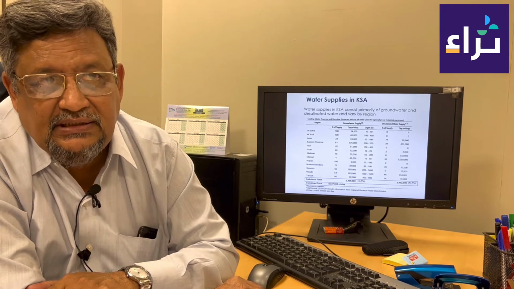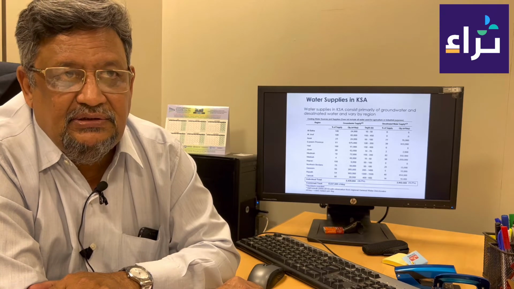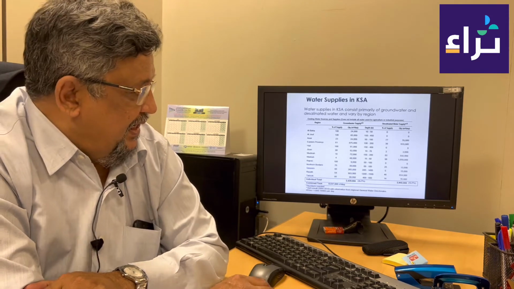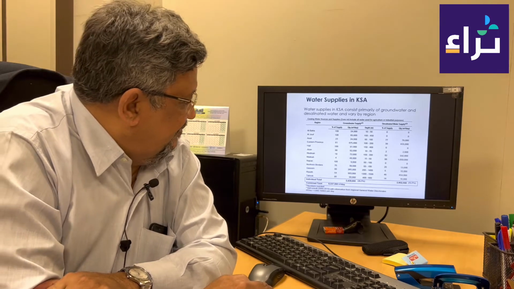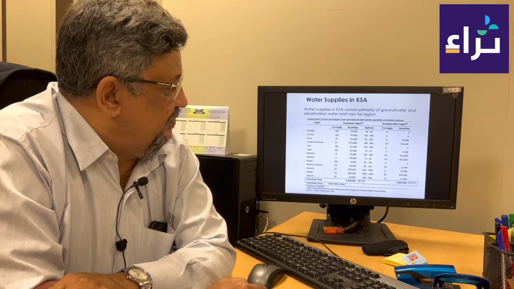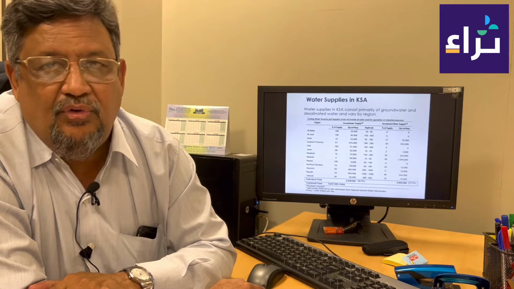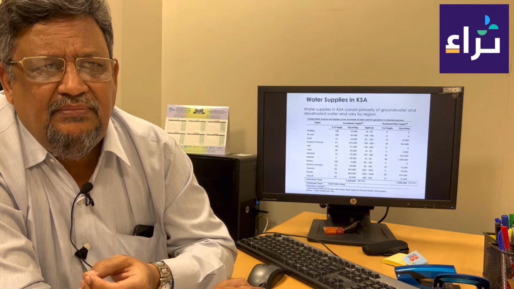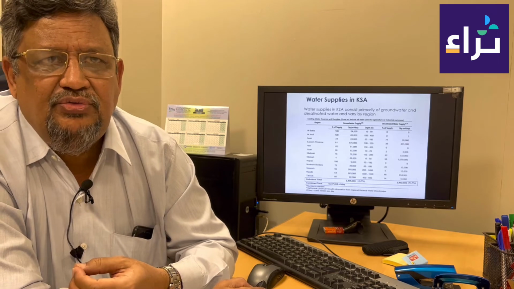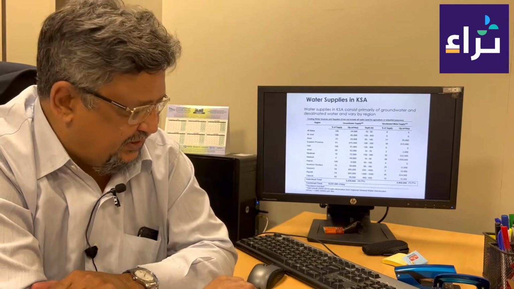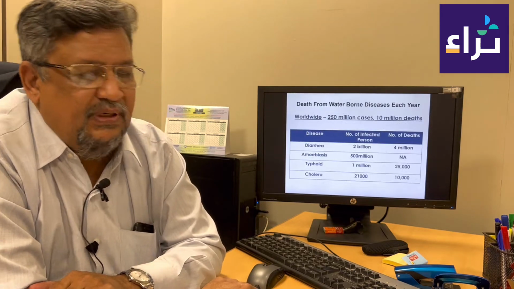It is energy intensive, and the incurred cost is very high. In Saudi Arabia, roughly 55% or more is the desalinated water we use, and the remaining water is the groundwater, and a very minuscule quantity we use as surface water, either in the south part of the country or at a few places.